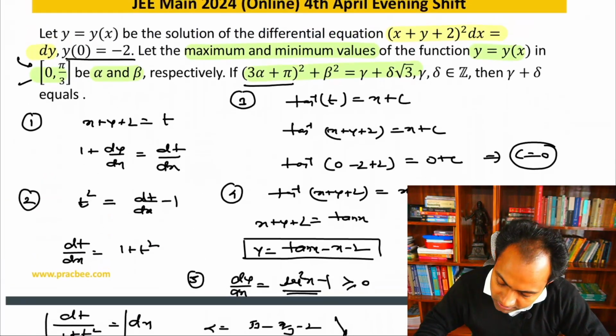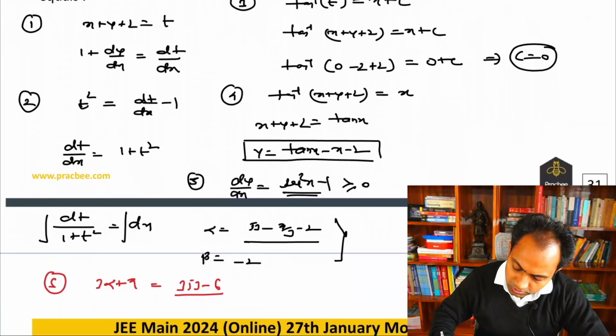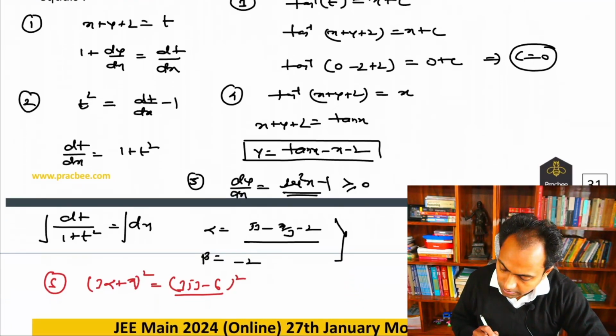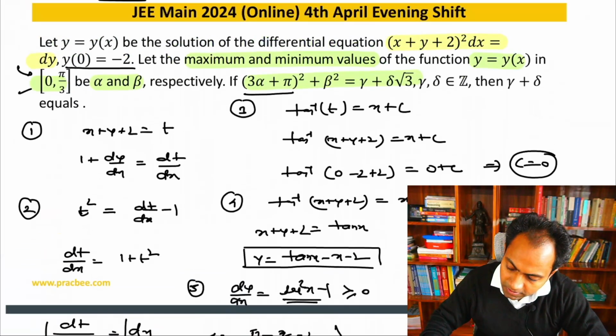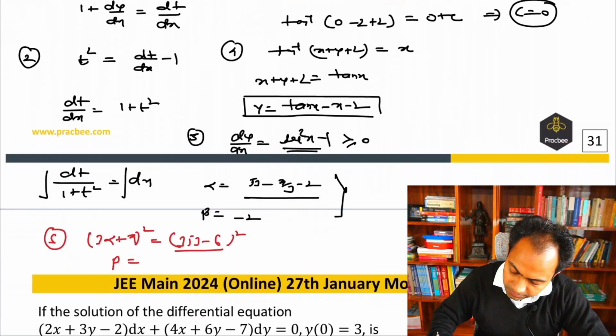And they are also asking us to square and add it to beta square. So if I square this, this is what we get. And then we have got the value of beta. Beta is nothing but minus 2. And if I square it, this is going to become 4.